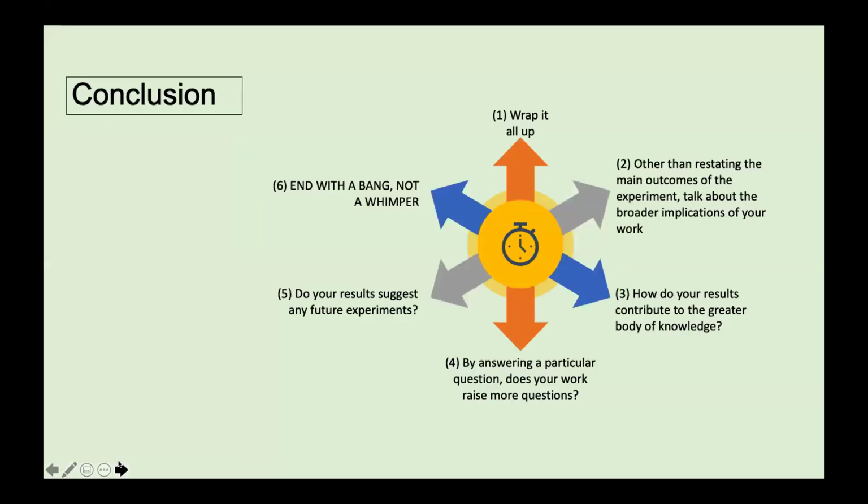Okay, so it comes to the conclusion, right? This is also one of the important parts, because the conclusion will conclude the result, right? And basically the conclusion will align with the objective.